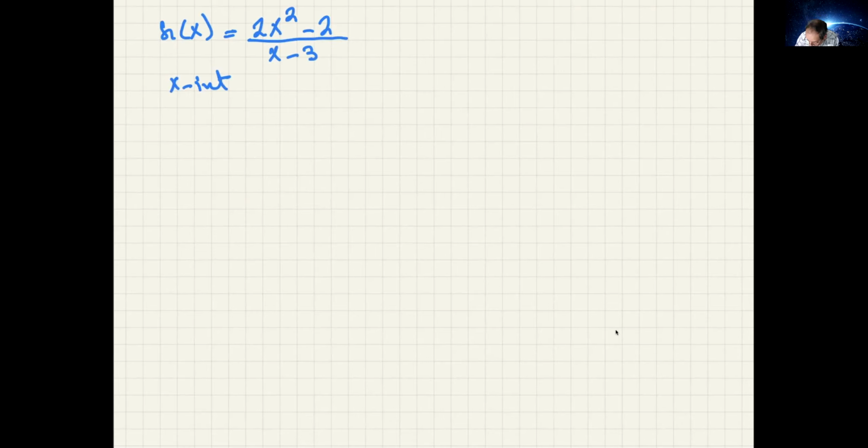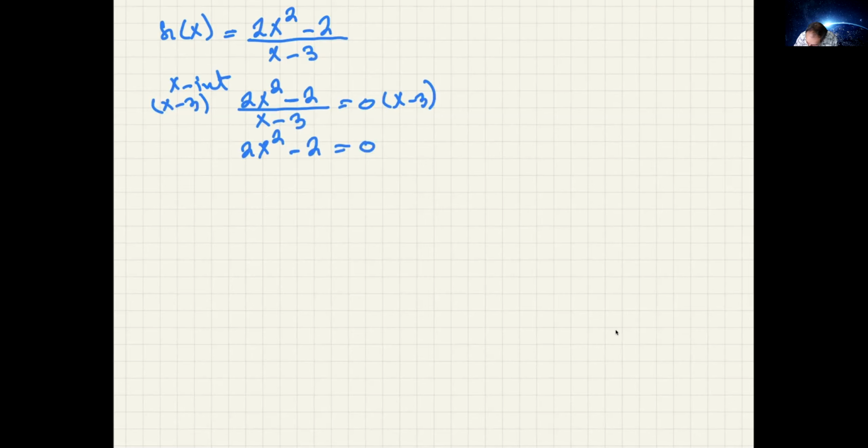And we're going to be a little faster here. So I have 2x squared minus 2 over x minus 3 equals 0. Multiply both sides by x minus 3. So I have 2x squared minus 2 equals 0.